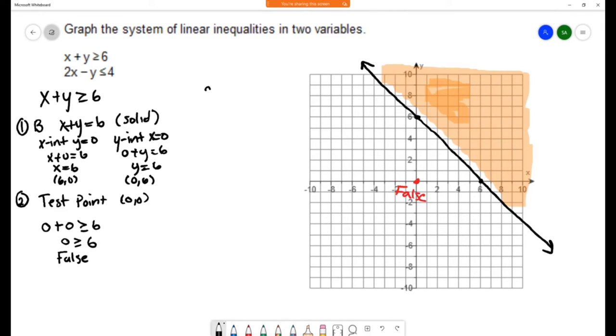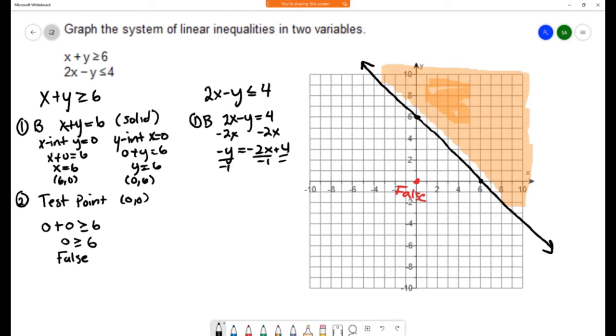For the second inequality, we have 2x minus y is less than or equal to 4. We're going to graph our boundary line, which is 2x minus y equals 4. And this time I'll use a different method for graphing the line. I'll write this in slope-intercept form. So I'm going to subtract 2x, and we get negative y equals negative 2x plus 4.